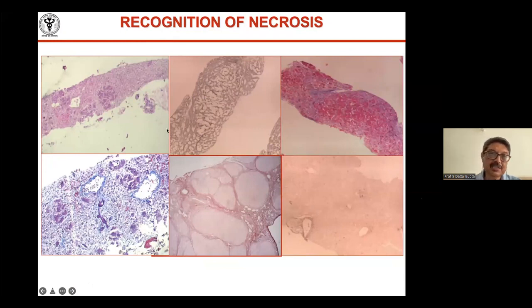In fact, in a case of bridging necrosis, like if you call this bridging in this area, panlobular in this area, you can get a combination. If you see the bridging necrosis in this area, if you do a mesenteric stain, it gives you a mistaken impression that this might be cirrhosis.